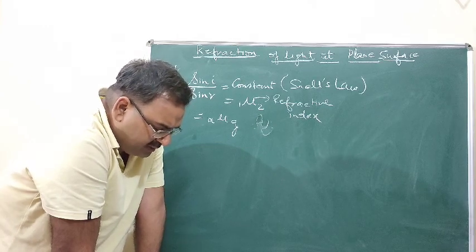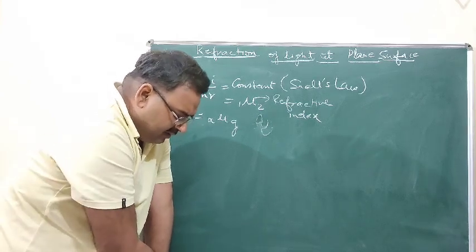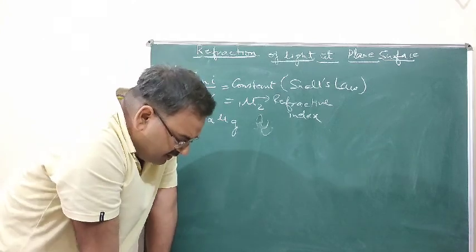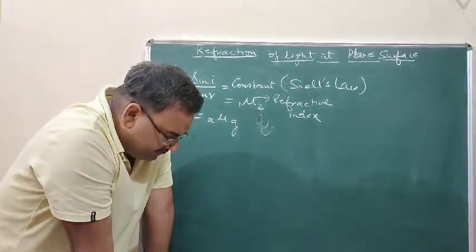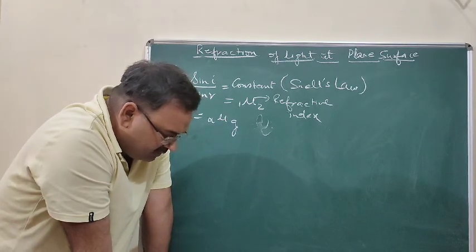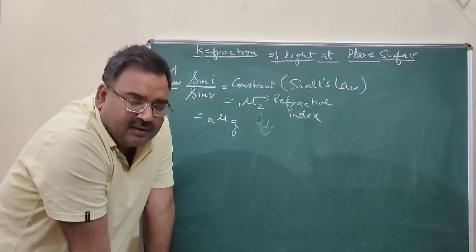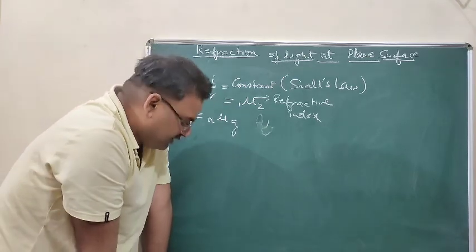Now, effect of speed, frequency and wavelength due to refraction of light. So what is the effect? There are three things that we have.